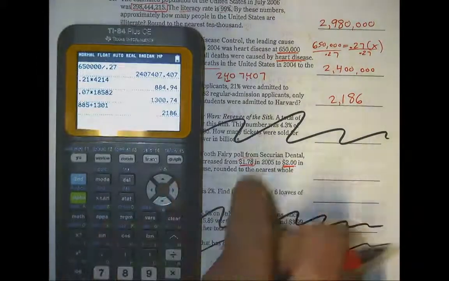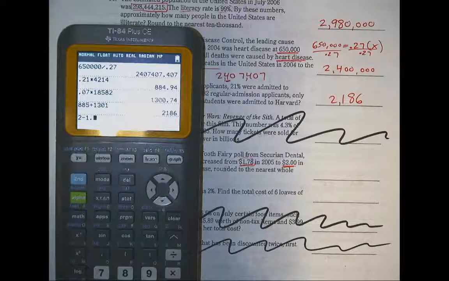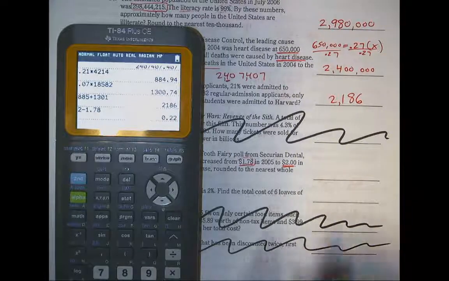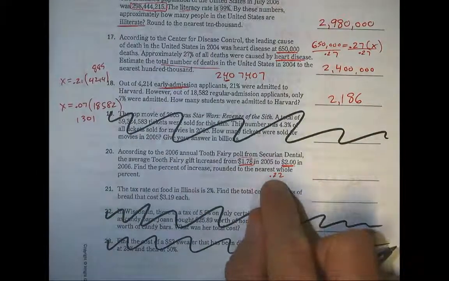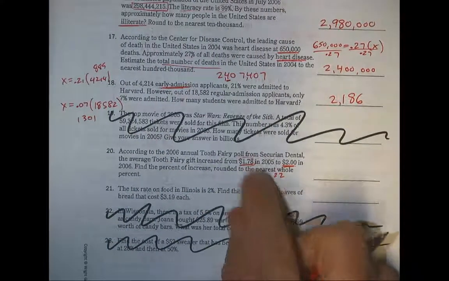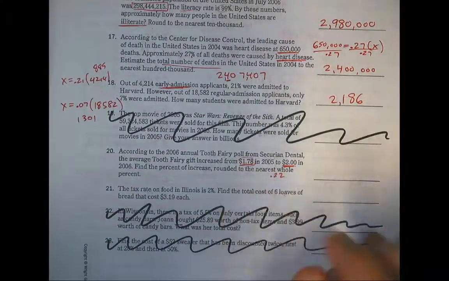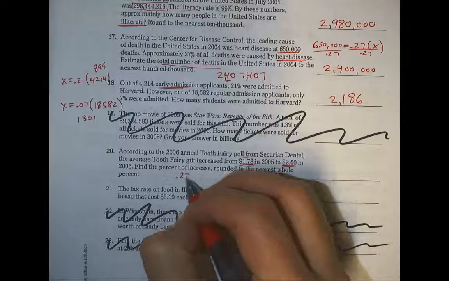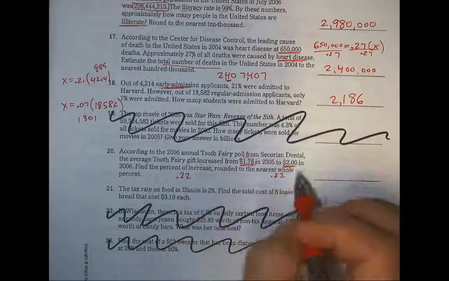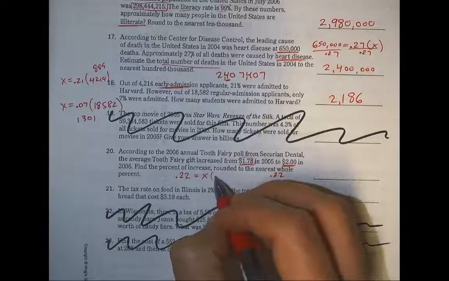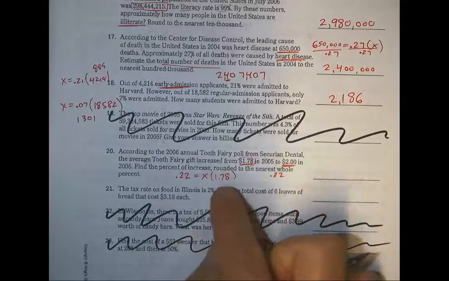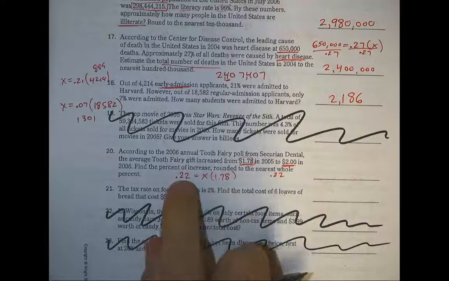First of all, we want to find out how much it increased. It increased by 22 cents. We want to know that 22 cents, what percent is that of the original? What percent did it increase? So 0.22, and we're not talking about percentage, that's 22 cents. 22 cents is what percent of $1.78? It started as $1.78, it went up by 22 cents.